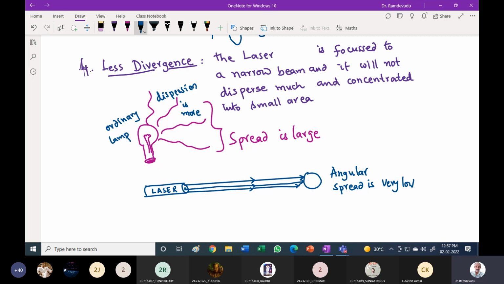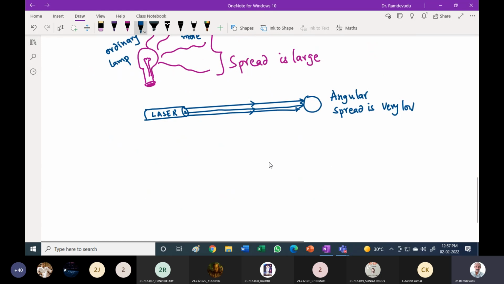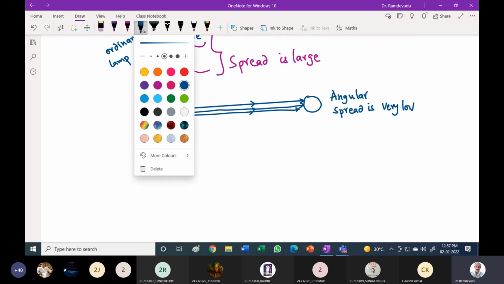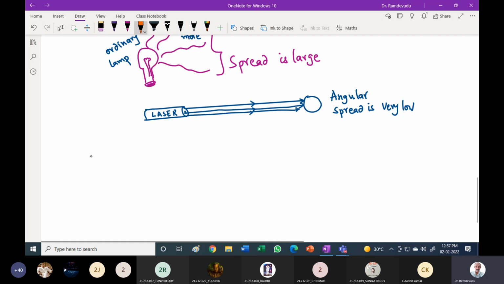So these are some of the important properties of laser. In addition to this, you may have other properties also for lasers. The properties of lasers, first important thing, they should be monochromatic, single wavelength, and we have coherent.